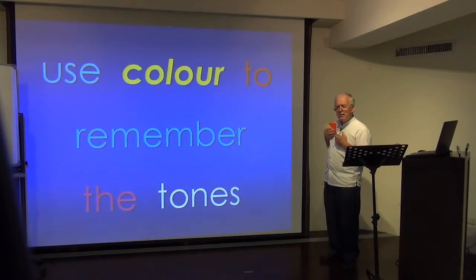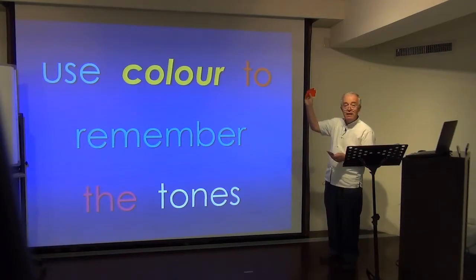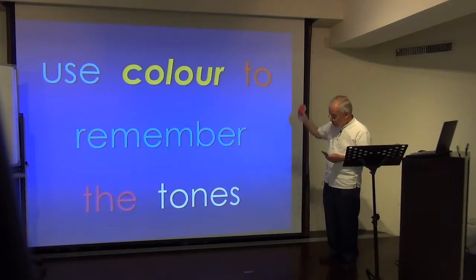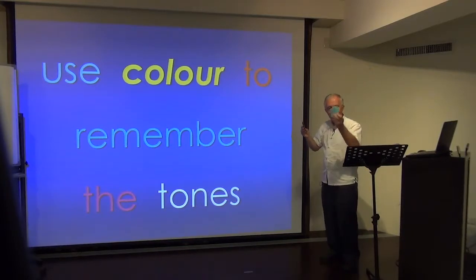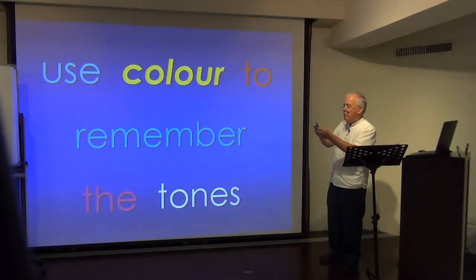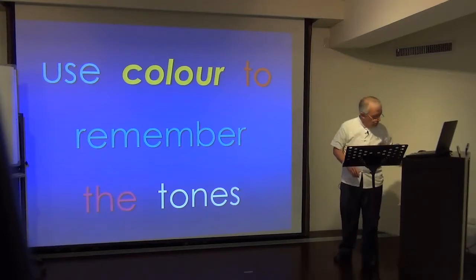You see, my surname, Shi, I can't remember which tone it is, la, la, la, la. But I remember the colour of the card is red, so it must be the rising tone, Shi. So use colour. They can't do it with words, but they can do it with syllables or characters. Use colour to help them remember which tone it is.